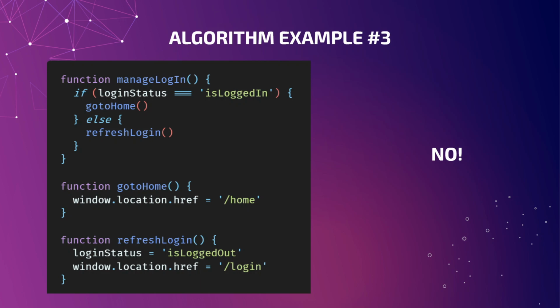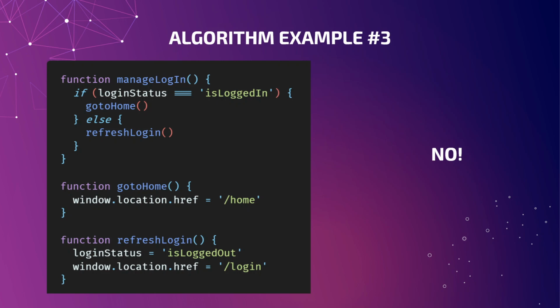But the two sub functions, the two child functions there, go to home and refresh login, have no math, they have no logic, and depending on the readers, it's borderline, but I'm going to say borderline probably not.